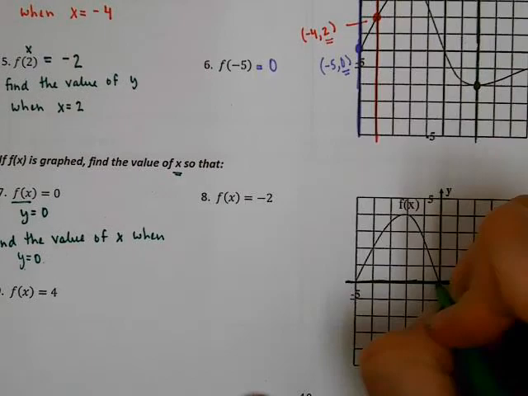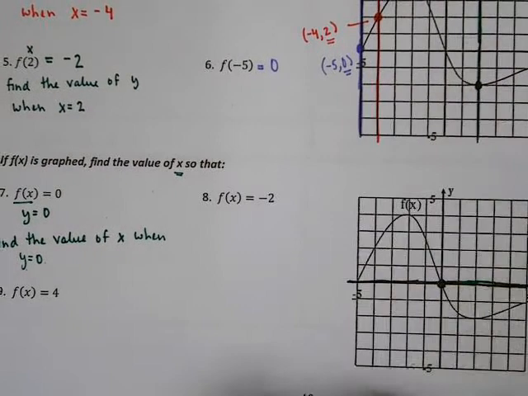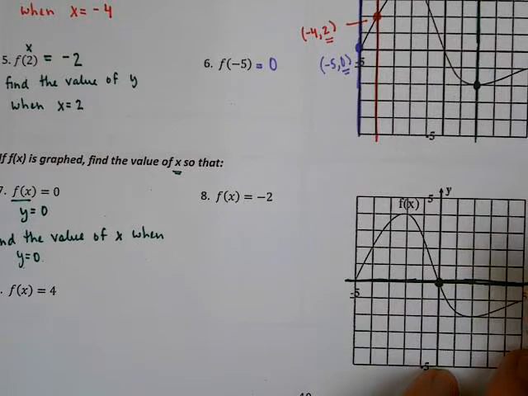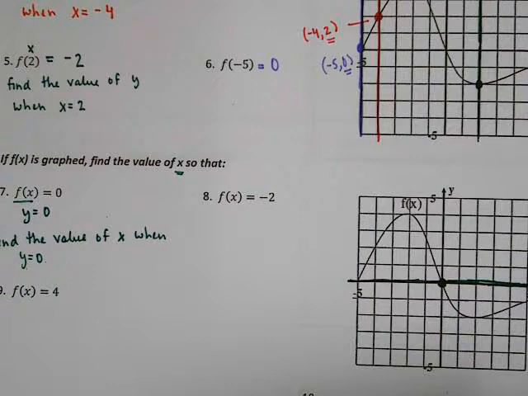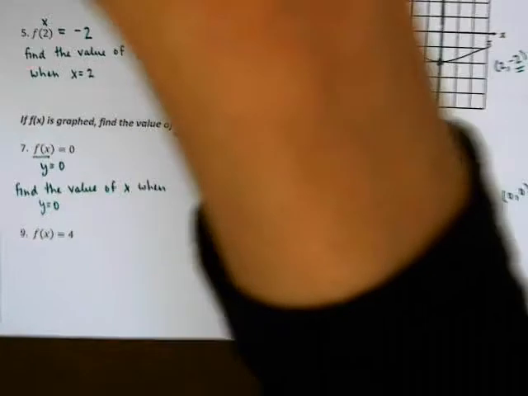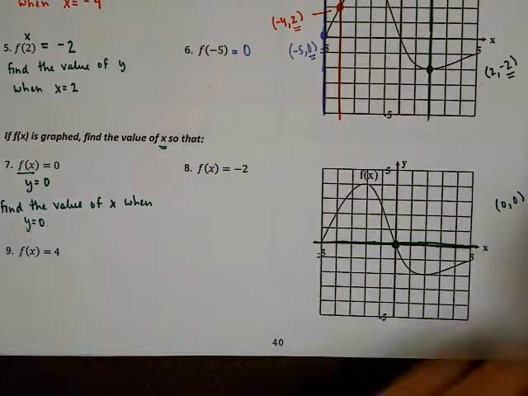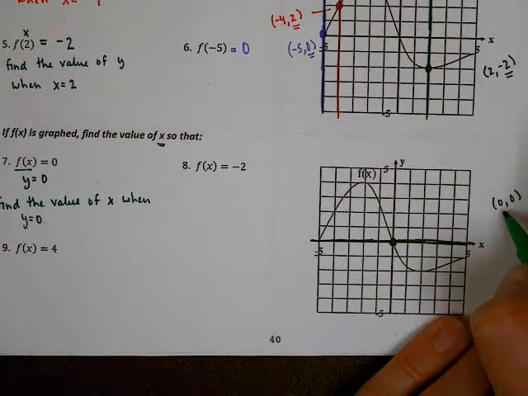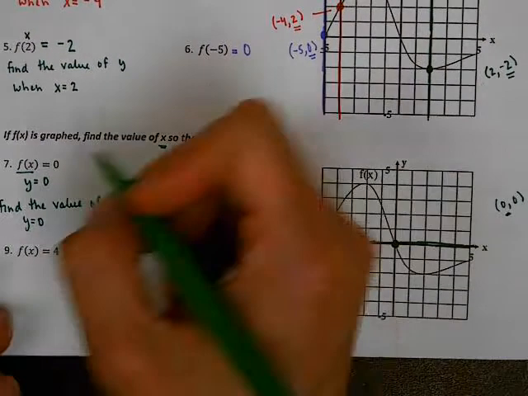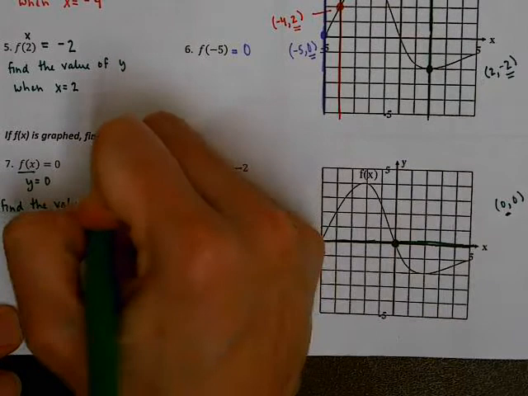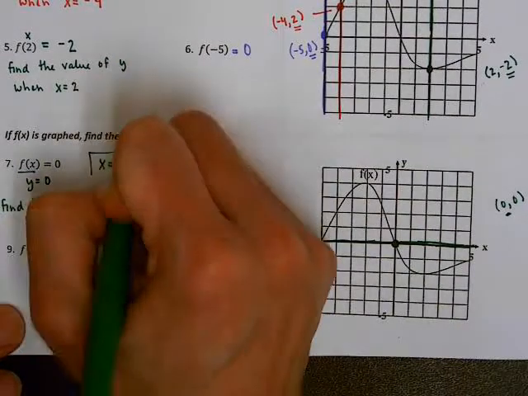And I see that happens right here. Now the ordered pair of that point is 0, 0, which you can't see. Let me raise this up and see if I can fit this all in here. All right, so with 0, 0, now we said we're looking for an x value, and it just so happens here that our x value is also 0.